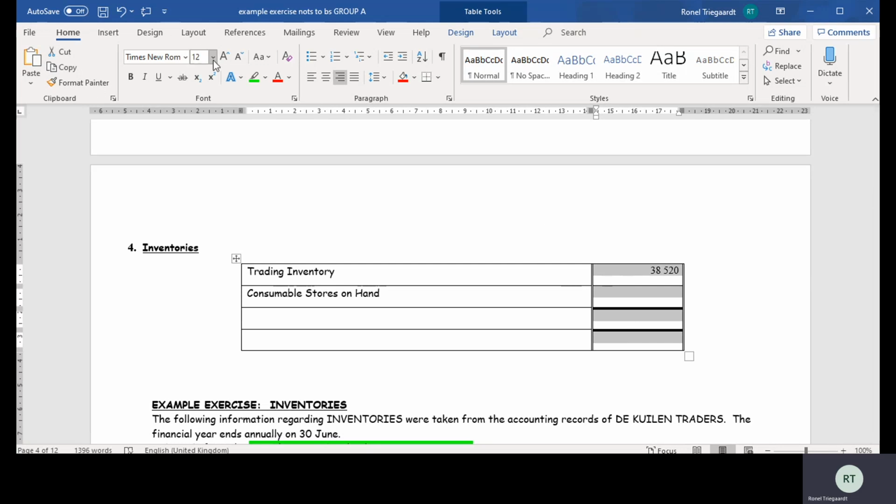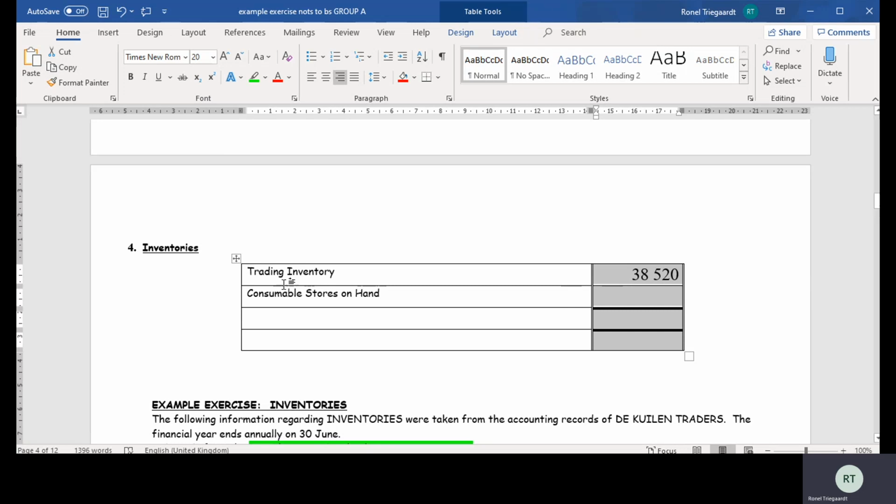It is how much you really have, not what your account tells you, but what you've counted. That is the true inventory, and in your balance sheet you must show the value of your true inventory, not your head-in-the-clouds inventory, the one that you've counted. Are you fine with that?